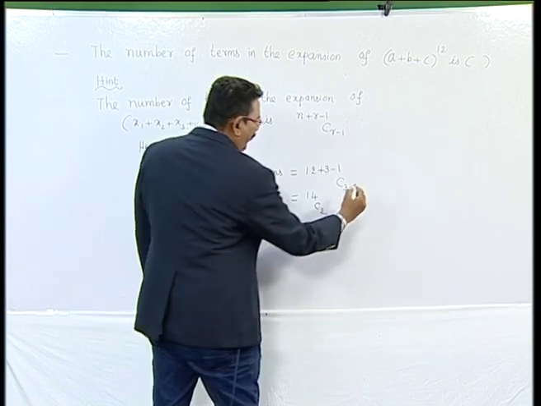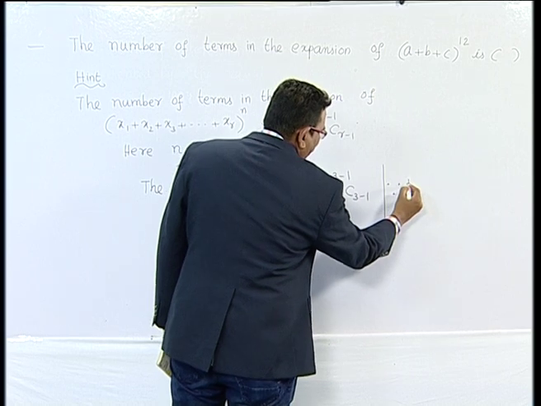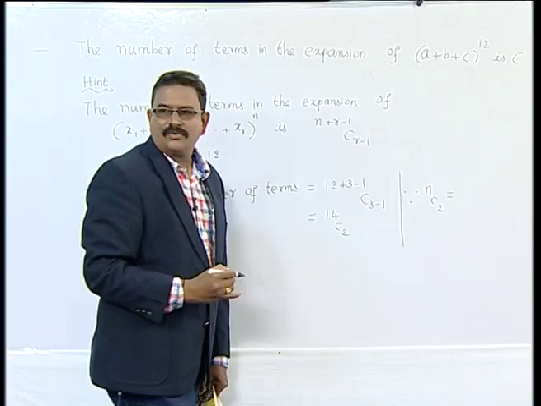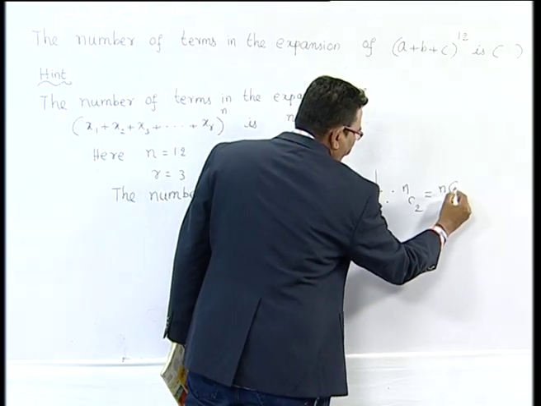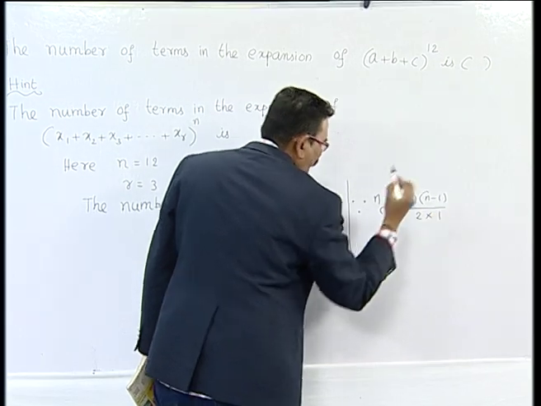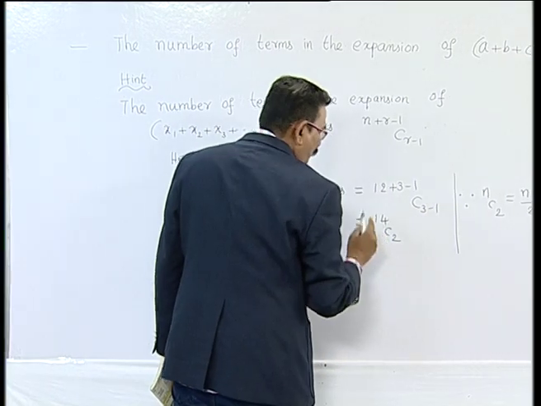So, now we have one formula in combinations, nC2 is equal to n into (n minus 1) by 2 into 1. Okay. Now, instead of n, here we have 14.